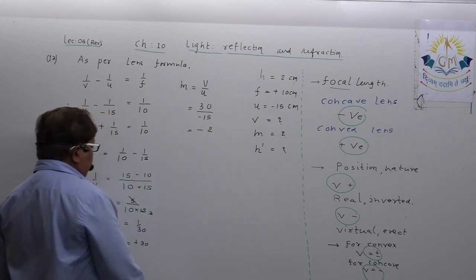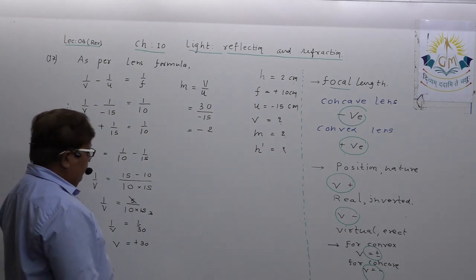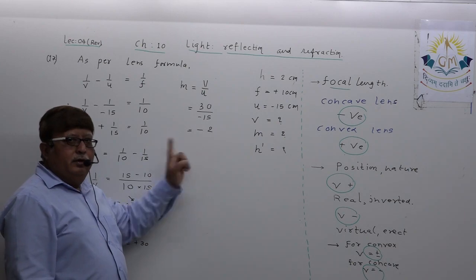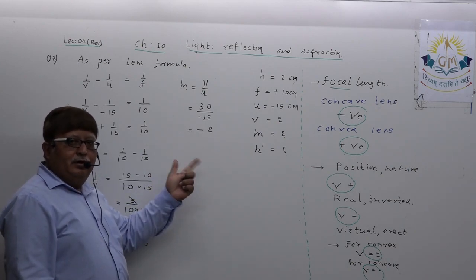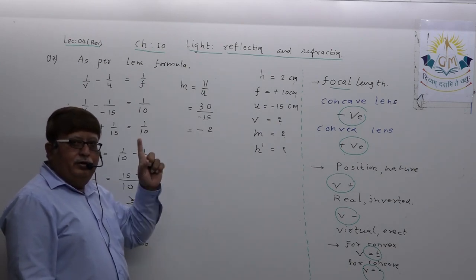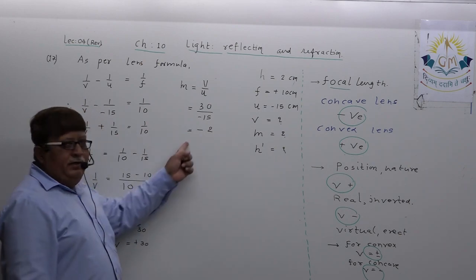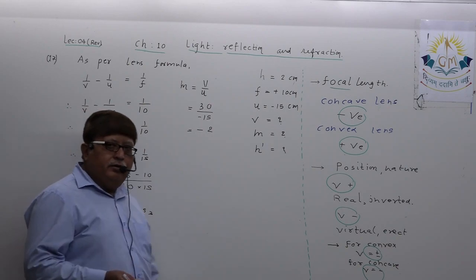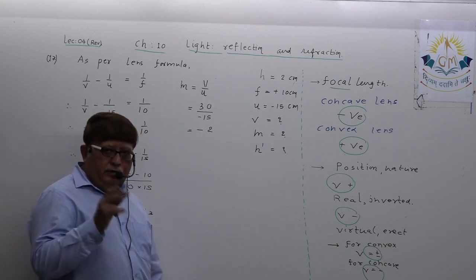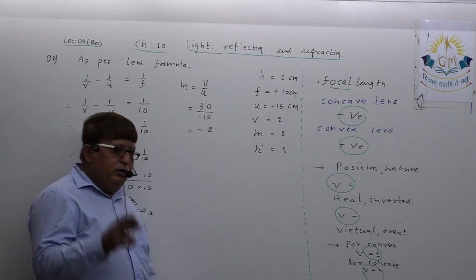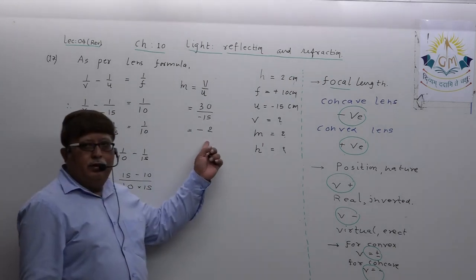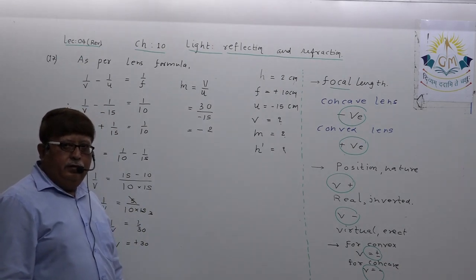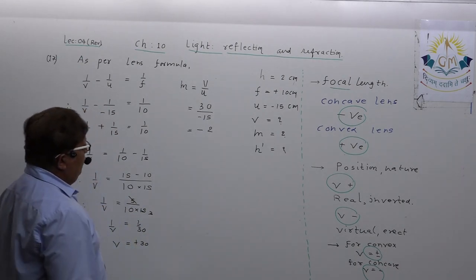M turns out to be minus 2, and obviously, dear student, V and M have contrast signs here. That was not the case in a mirror. In a mirror, all signs were similar. Here, this needs to be a contrast sign.